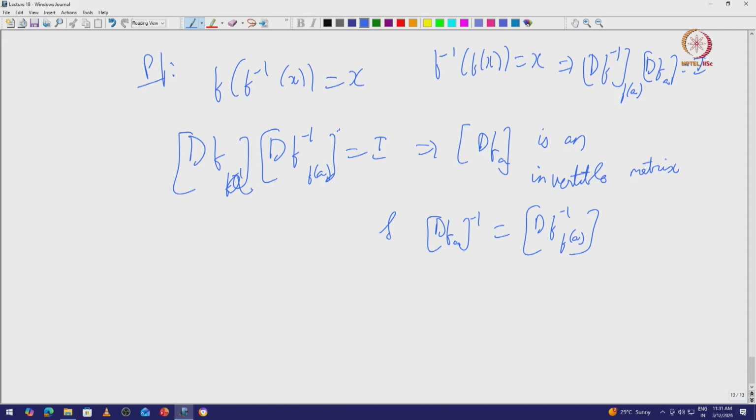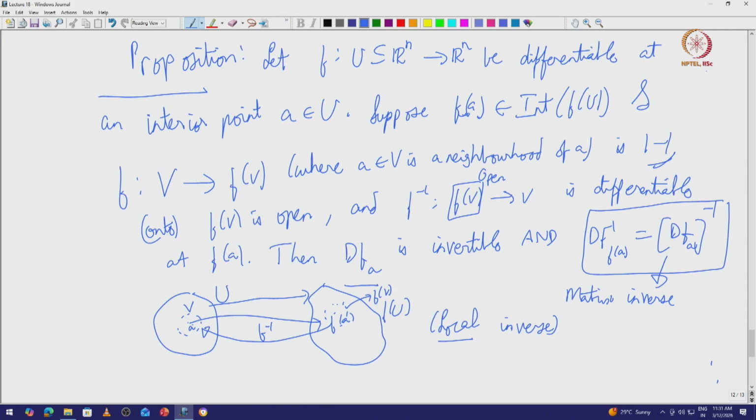Where then did we use all these hypotheses? We obviously need f inverse to be defined, and we need it to be differentiable. That much is fine. Where are we using the fact that f of V is an open set? The key point here is differentiability makes sense only on open sets, at least the way we have made sense of it. So to say that f inverse is differentiable at f of a would entail f of a to be an interior point.